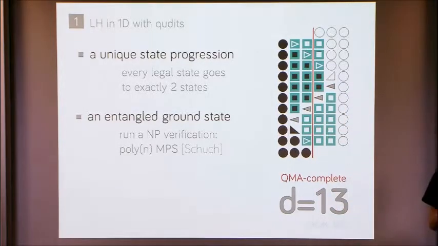Could you say again how this problem is different from the one for which d equals 8 is QMA? So for 13, in this particular construction, there are no illegal transitions, which means that we have stronger promises, and the problem could possibly be unfrustrated.